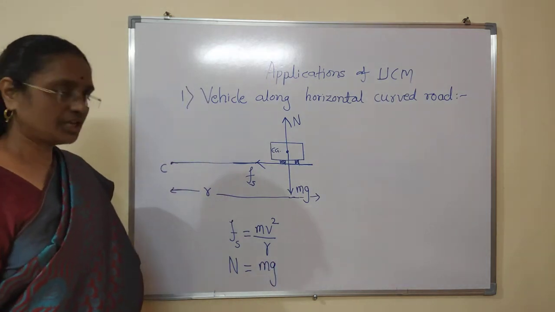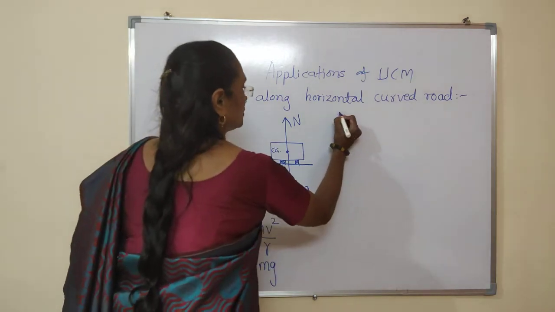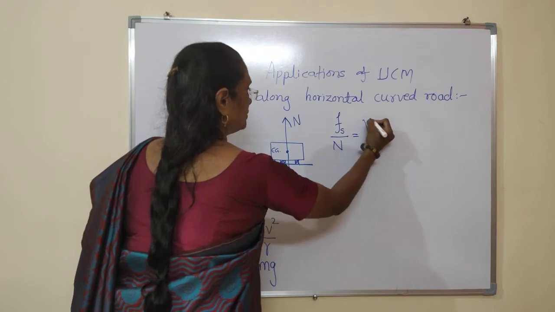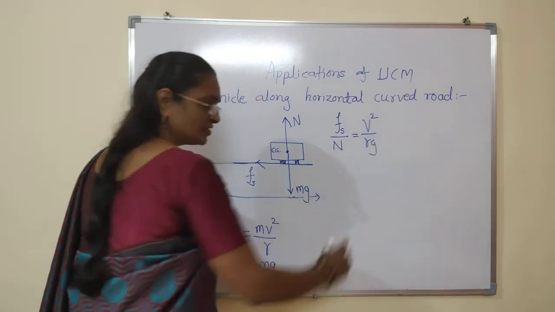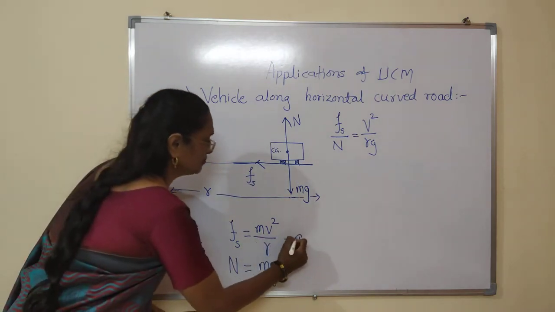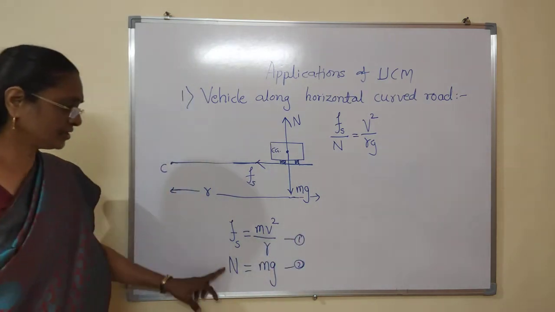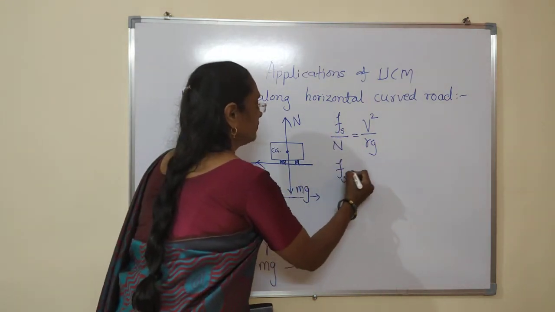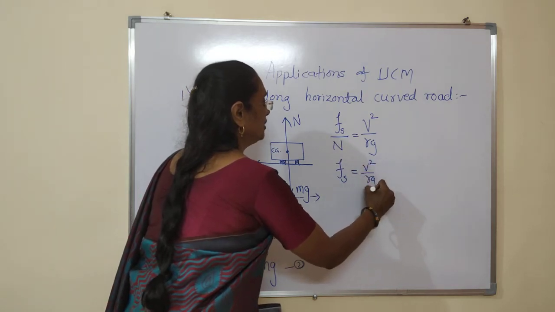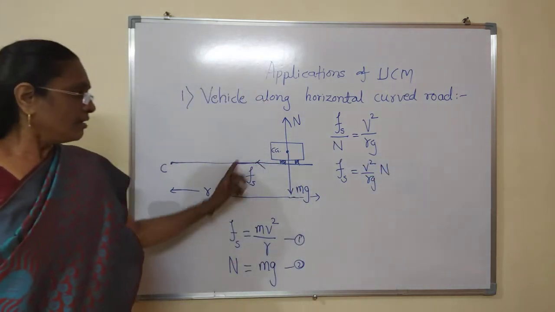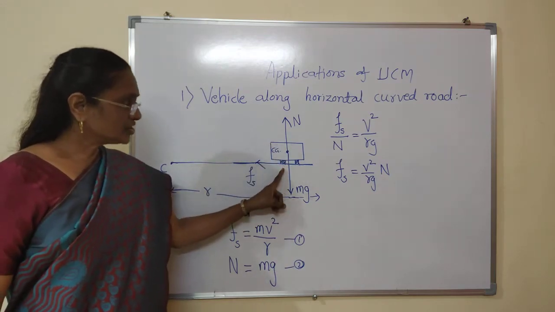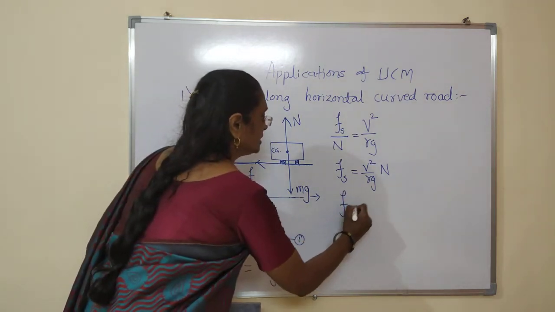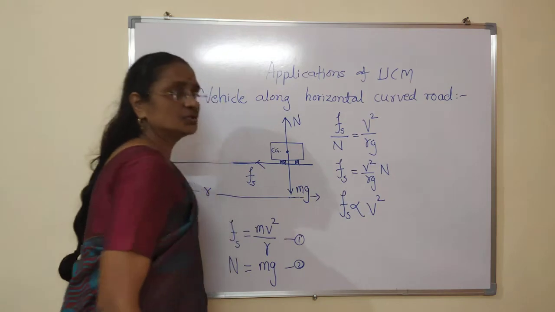Now from these two expressions we can write Fs/N = v²/rg. Simply, suppose this is the first equation and this is the second; dividing the first equation by the second we get such a relation. Adjustment gives us Fs = (v²/rg) × N. For the given system, N is constant and r is constant, so Fs is directly proportional to v².